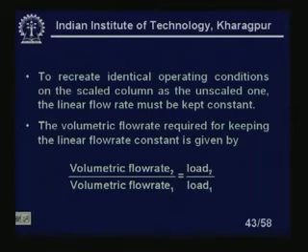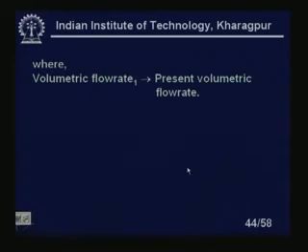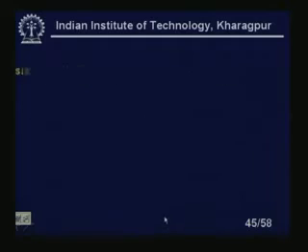Here we know load 2, so from this we can calculate the parameter. Volumetric flow rate 1 is the present volumetric flow rate for the laboratory model, and volumetric flow rate 2 is the calculated volumetric flow rate.